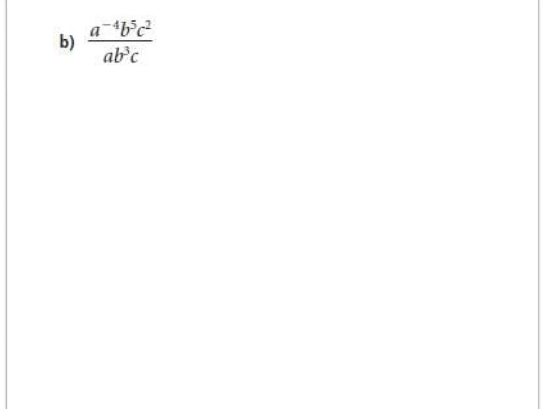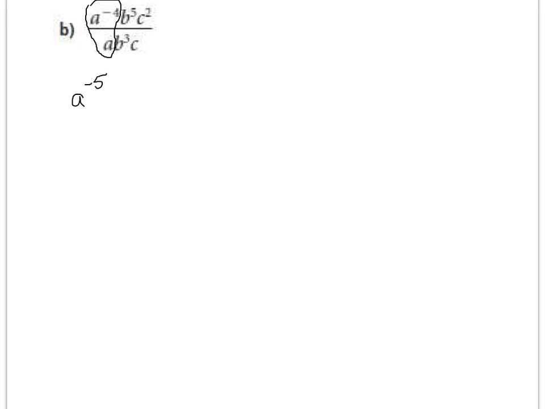The first one is that these two, a exponent negative 4 and this a in the denominator, they have the same base. Because it's division, I'm going to subtract the exponents. So I'm going to get a exponent negative 4 minus 1, which is negative 5.